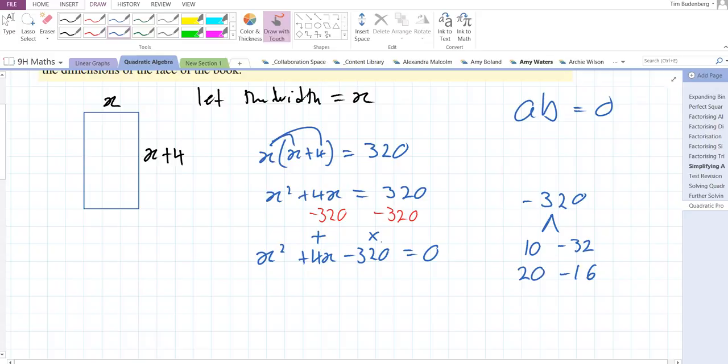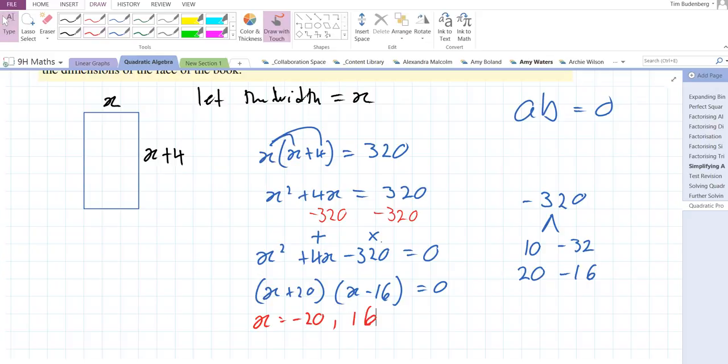Now, minus 16 and 20, that I can make into a positive 4. So to factorize this, it reads as x plus 20, x minus 16 equals 0, which gives us two solutions. Either x can be minus 20 from the first one, or from the second one, x can be 16.